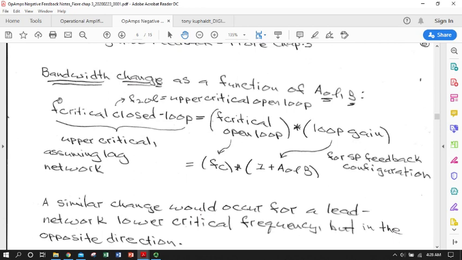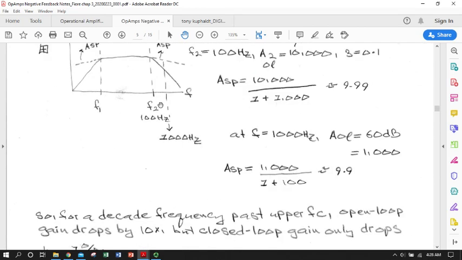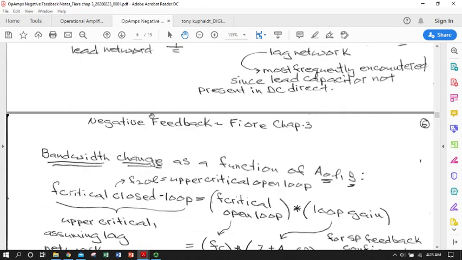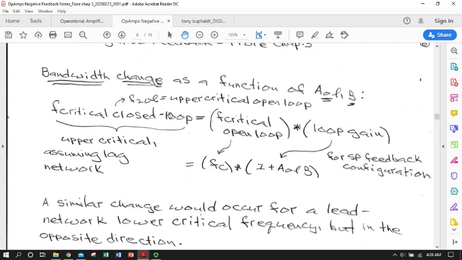So I'll just read it to you. The upper critical frequency, so that's that F2 right here, in the closed loop condition is equal to that same critical frequency in the open loop condition times the loop gain. Oh, the loop gain, the sacrifice factor. There it is again. And that's actually this expression in the SP feedback configuration.